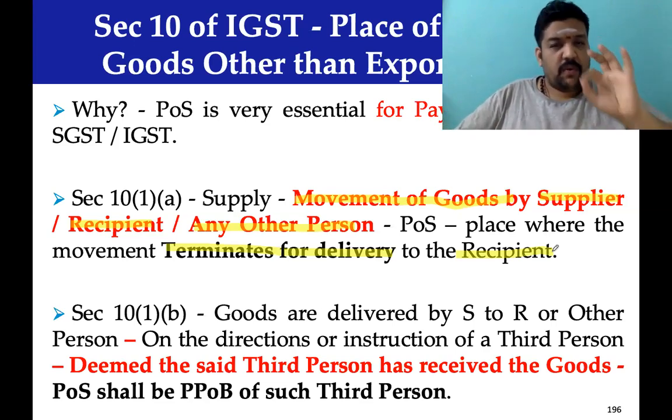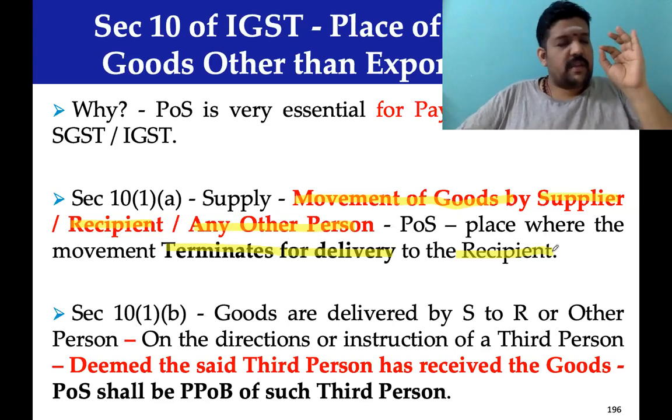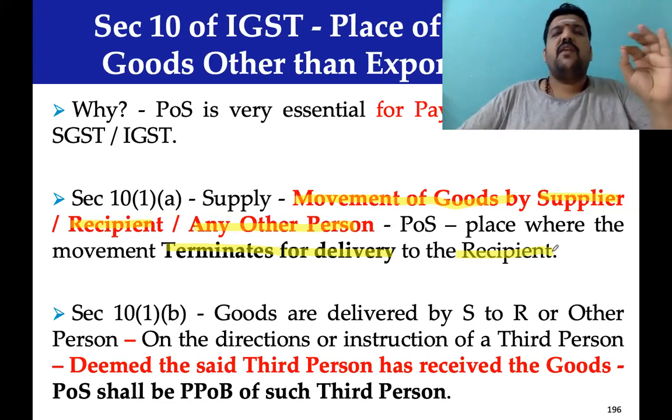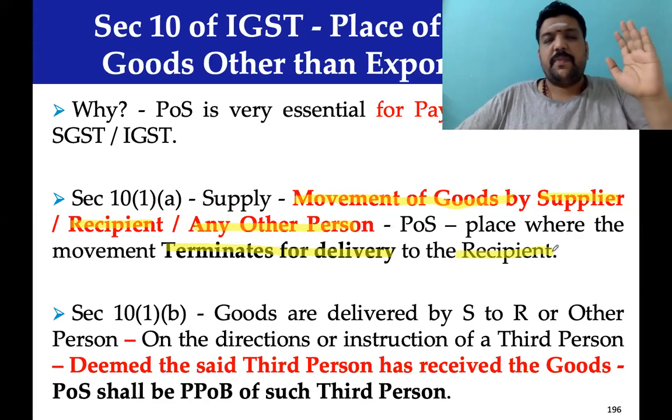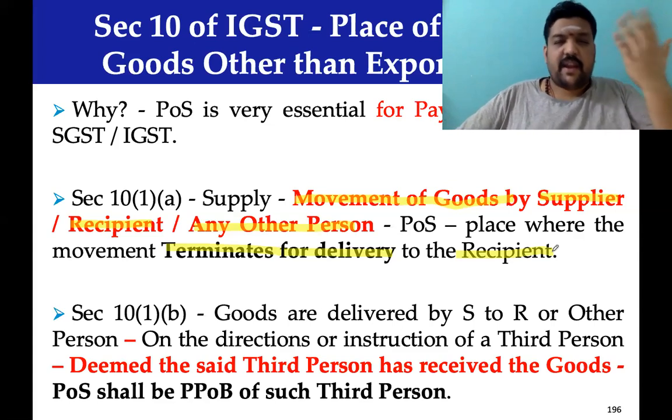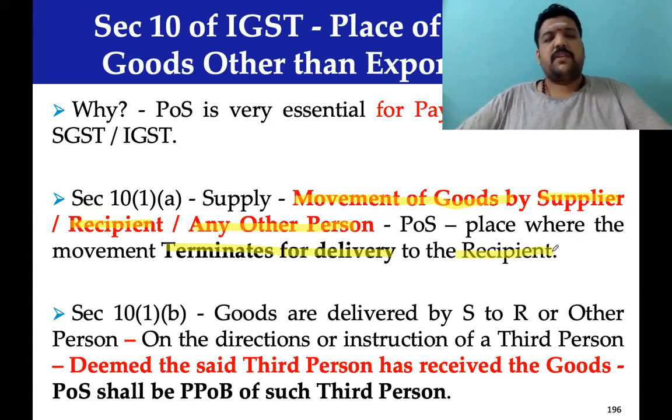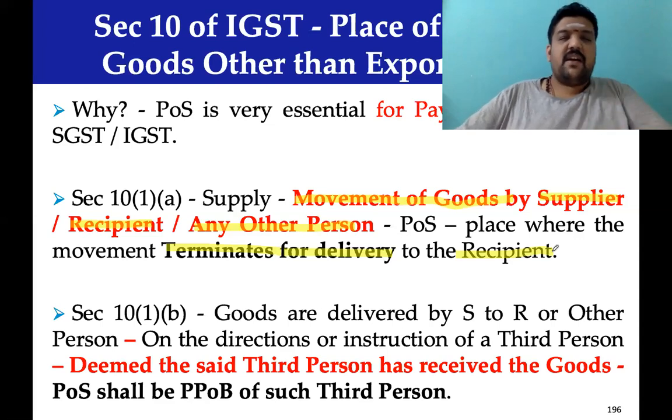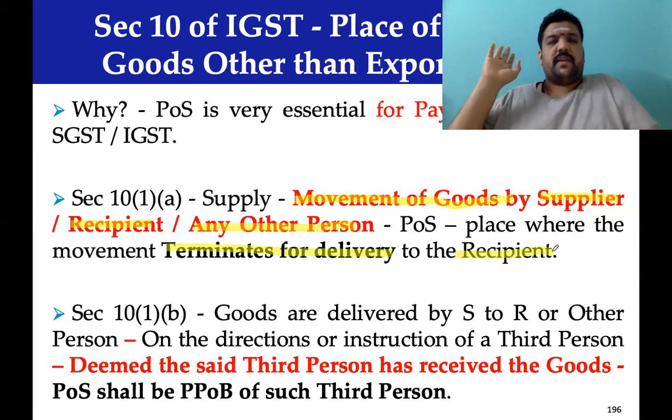When the supply of goods involves movement of goods, either by supplier or by recipient or by a transporter, which is otherwise called any other person, the place where the movement stops, terminates for delivery, that would become place of supply.